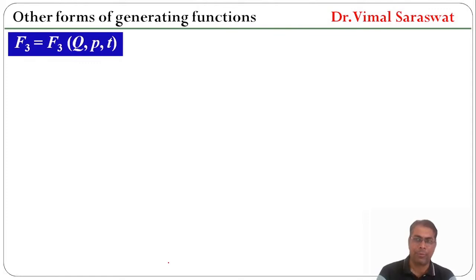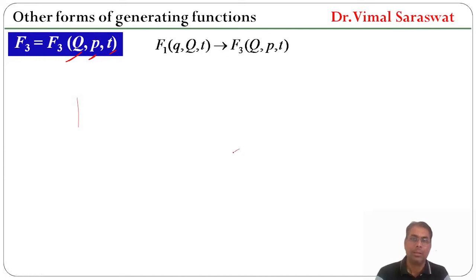Now generating function F3, and F3 is a function of new coordinate, old momentum and time. So here we want to get the value of F3 by using F1. The transformation from F1 to F3: F1 is a function of old coordinate, new coordinate and time, whereas F3 is a function of new coordinate, old momentum and time.